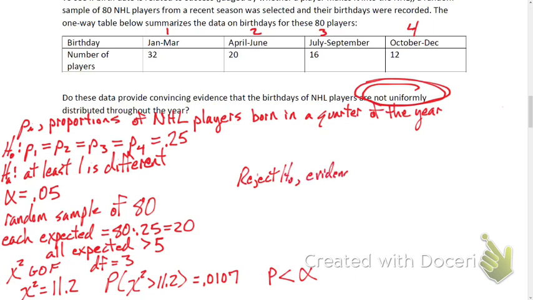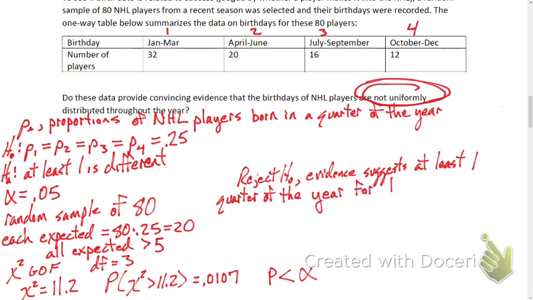Evidence suggests at least 1/4 of the year for birth months for NHL players is not uniform, is not as stated, is not 0.25.